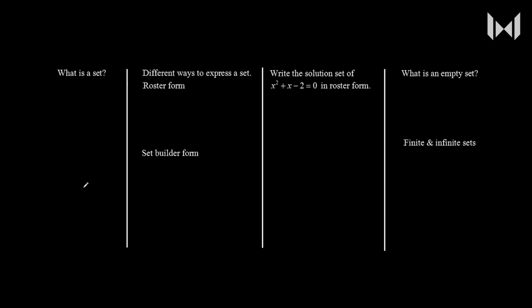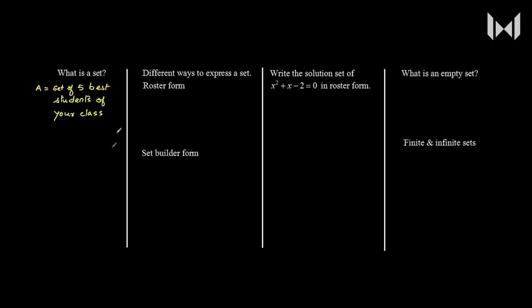Say for example, how do we analyze whether a given group of objects is a set or not? So I write A, a set of 5 best students of your class.